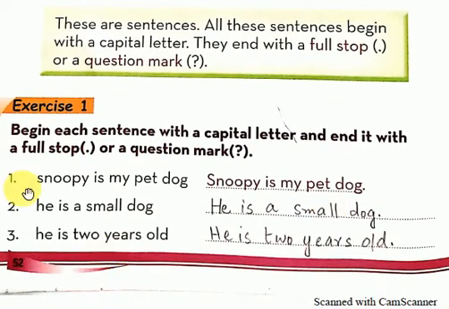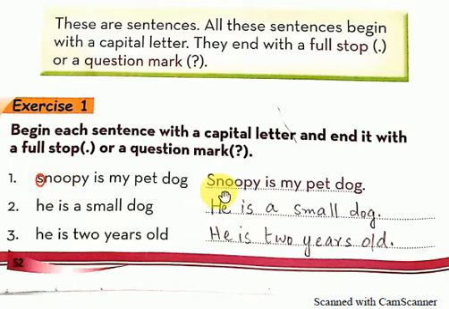Option number 1 is already solved. See, Snoopy is my pet dog. So what is the error in this sentence? There is no full stop, and Snoopy is the name of the dog. S is also the first letter, the first word of the sentence, so S should be capital.